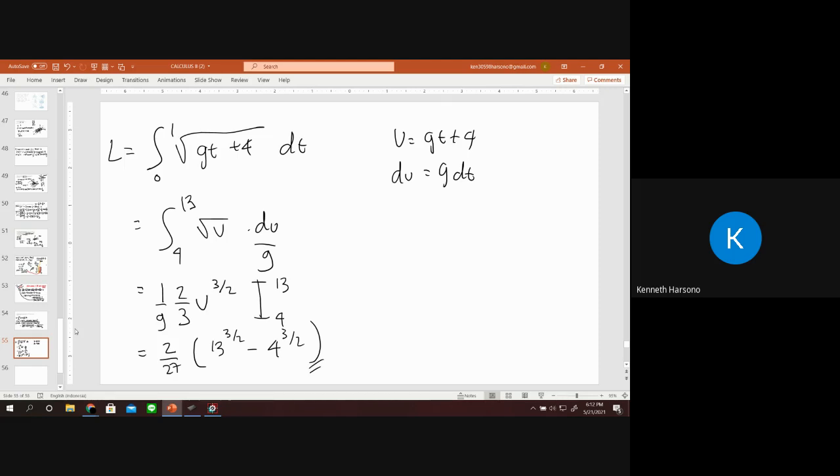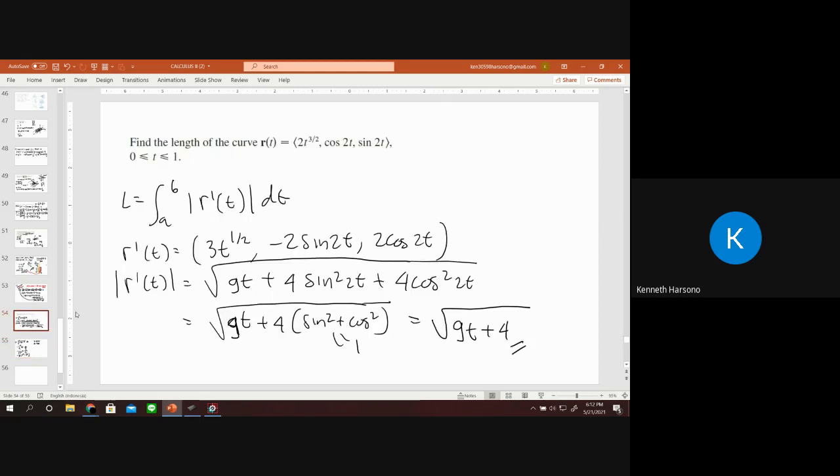Okay, do you have any question for this one? Okay, this is just reviewing calculus 1 for the integration part. The new thing here is just this one, the new things from calculus 2.